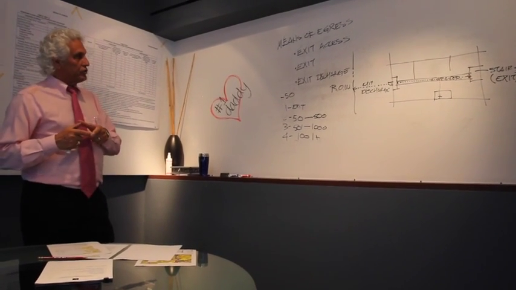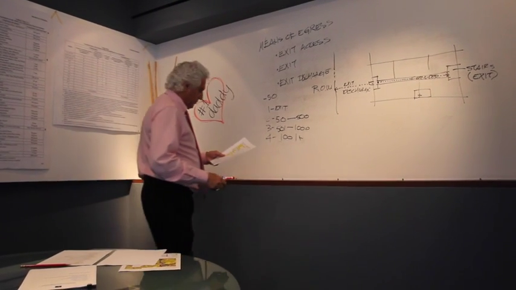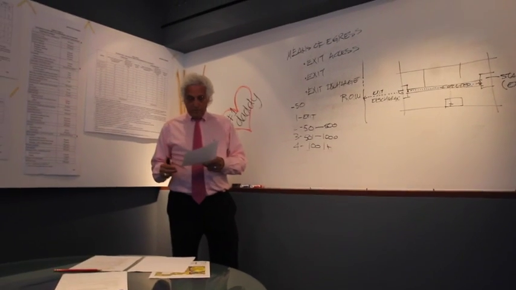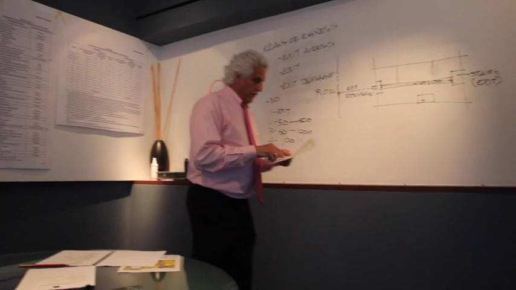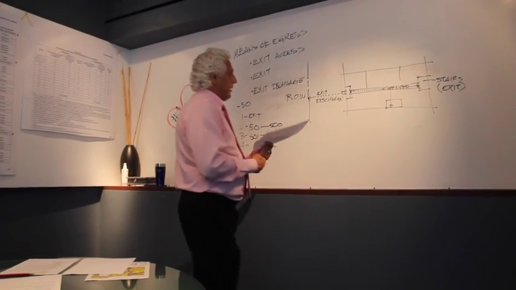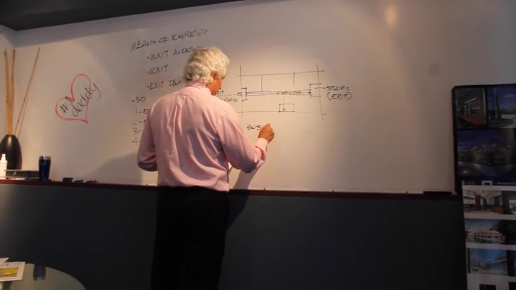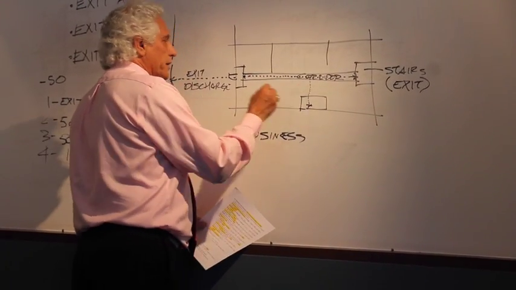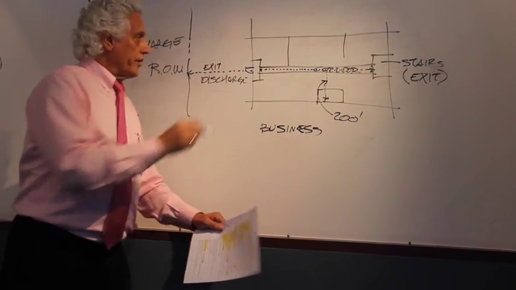And that is the same for storage with one exit. The exit travel distance is measured on table 1016.2, and the table will indicate the use and the length of travel. By example, if this was a business use, it will require that a person at any point in the building cannot travel more than 200 feet before they get to an exit.